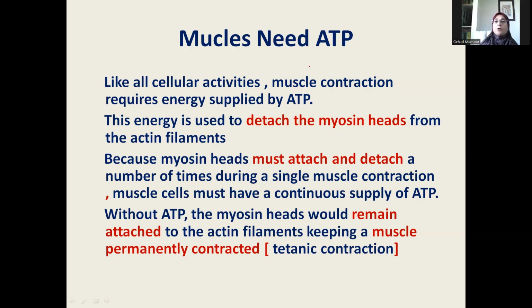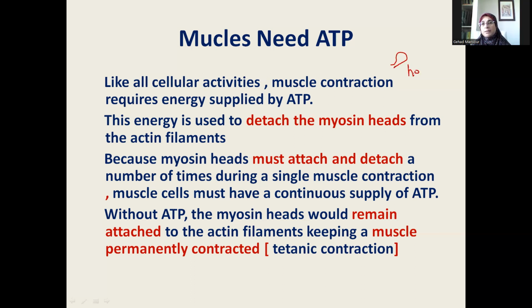Why is the energy of ATP needed? The energy of ATP is needed essentially in order to allow those myosin heads that have been attached to actin to be detached from actin. And therefore, if you don't have ATP, then these heads will remain attached.